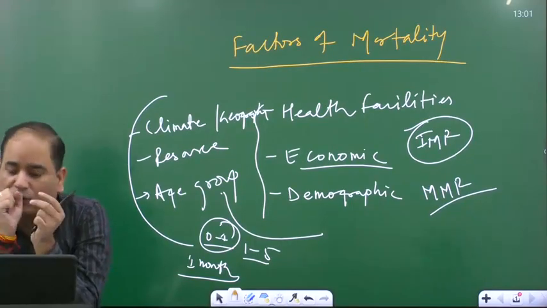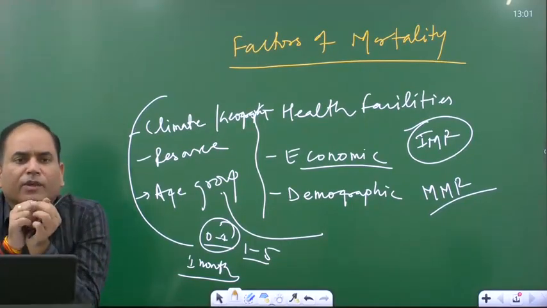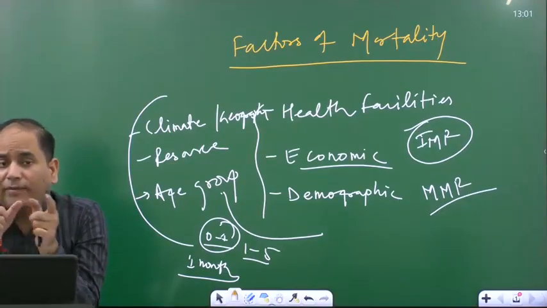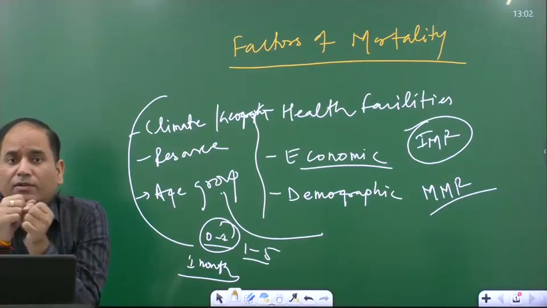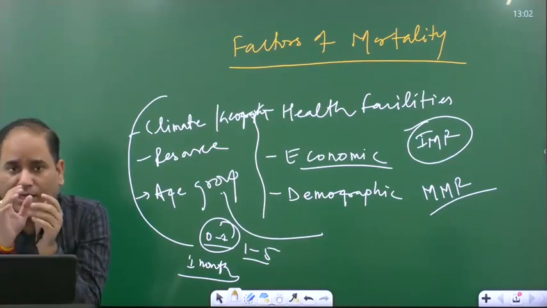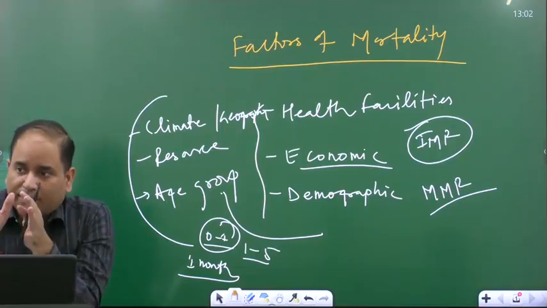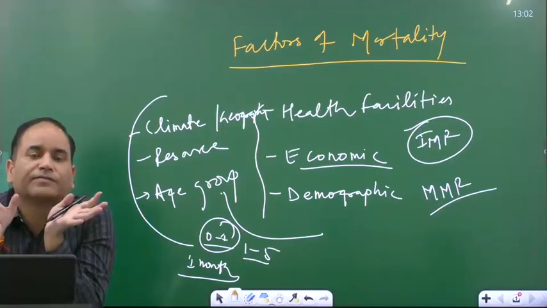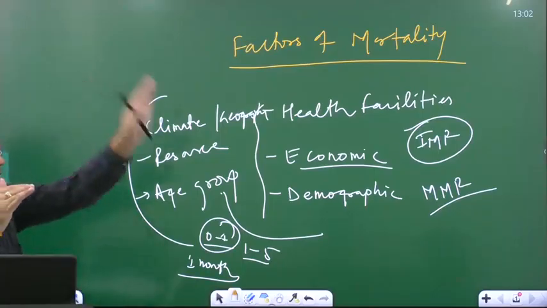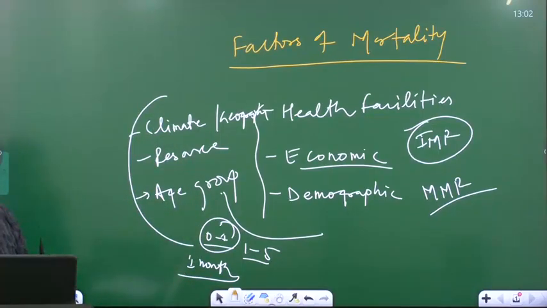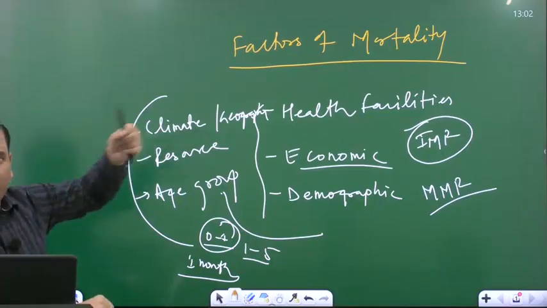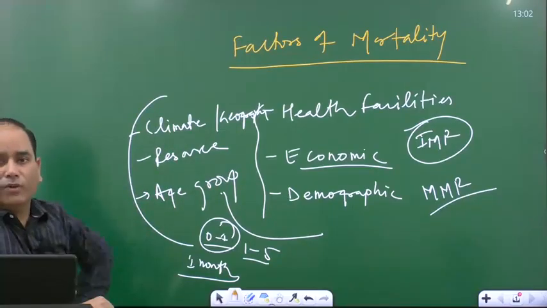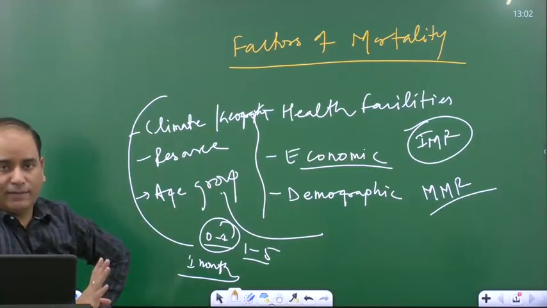This is one thing that you need to understand कि डेथ तो बहुत सारी होती है, but when we are looking at the healthcare facility, why do we always look at the IMR and why do we always look at the MMR? Because MMR suggests that hospitals, institutional factors are not present. अब अगर MMR हमारा नीचे जा रहा है, let's suppose that first we have the MDG goal, Millennium Development Goal 2001 to 2015, and then we have the SDG goal 2015 to 2030.